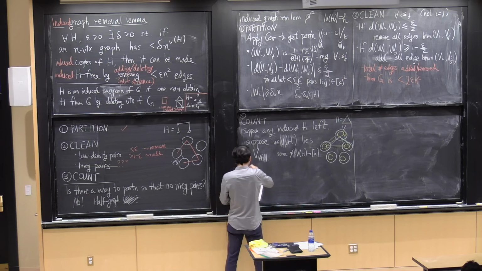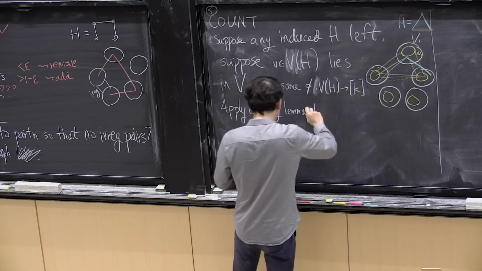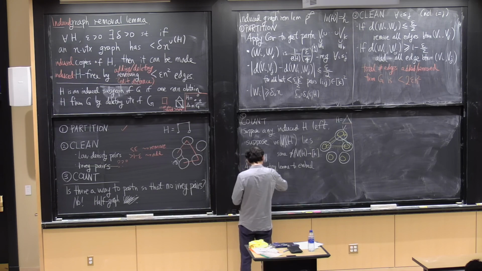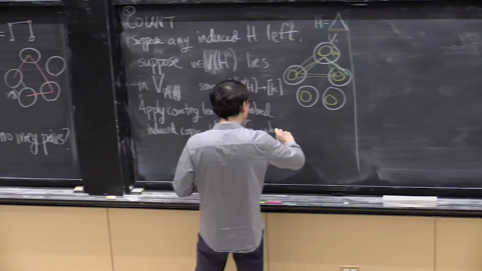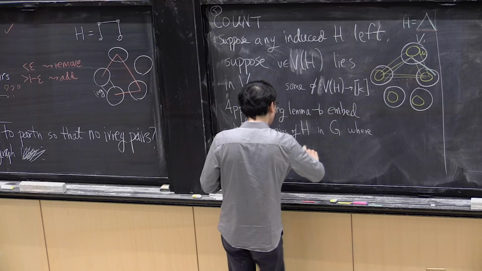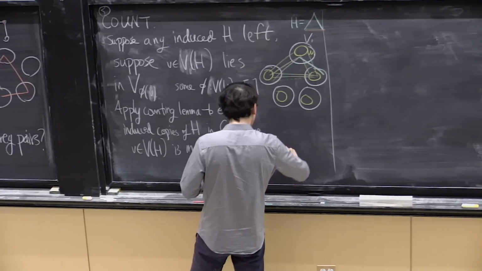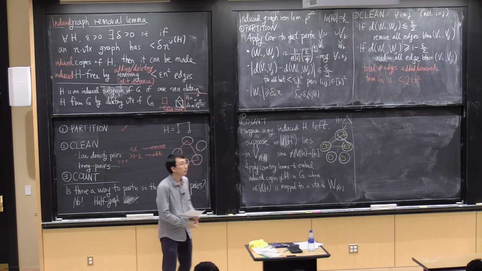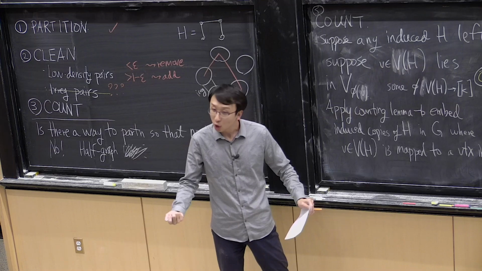So now we apply the counting lemma to embed induced copies of H in G, where the vertex v in H is mapped to a vertex in the corresponding W. And we would like to know that there are lots of such copies.